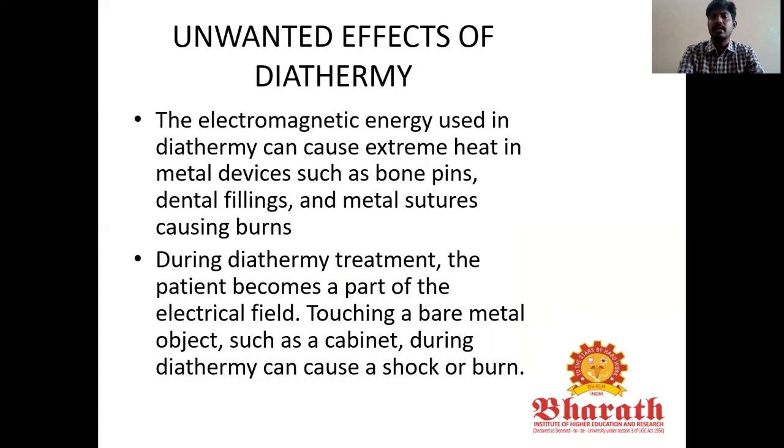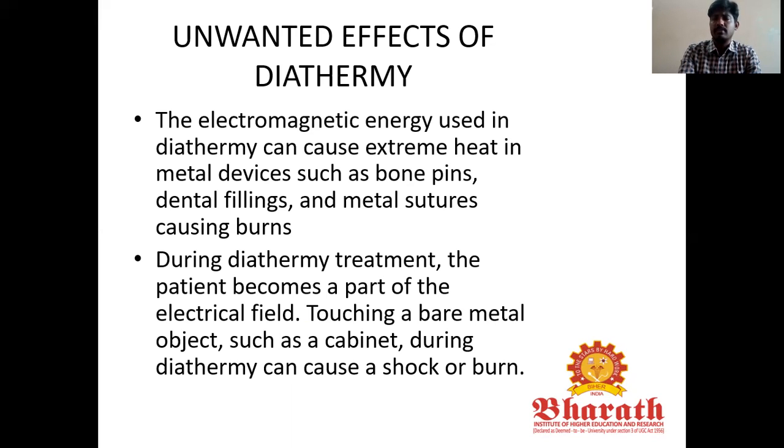So what are the unwanted effects of diathermy? The main purpose of diathermy is to relieve pain. At the same time, in electrosurgery, bloodless surgery is done with the bipolar or monopolar method. Based on the patient, we can choose the type of diathermy. We already know the types of diathermy: short wave, long wave, microwave, ultrasound diathermy.